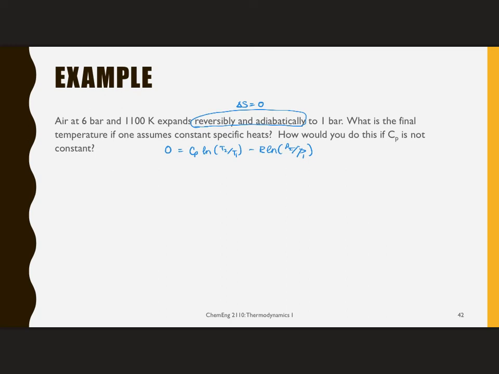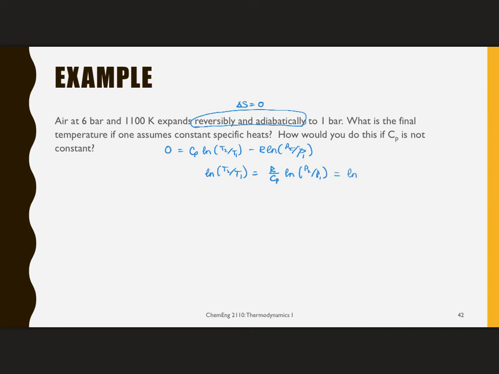In this case, I can do some algebra here that will be instructive for future calculations. And so the natural log of T2 over T1 is equal to R over C sub P times the natural log of P2 over P1.